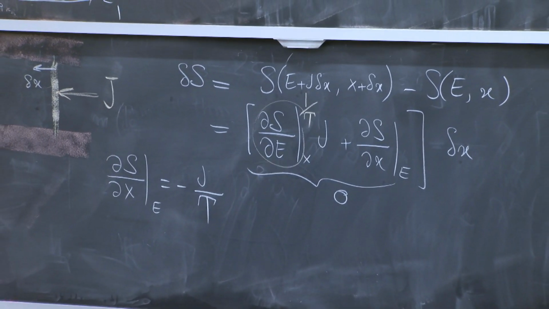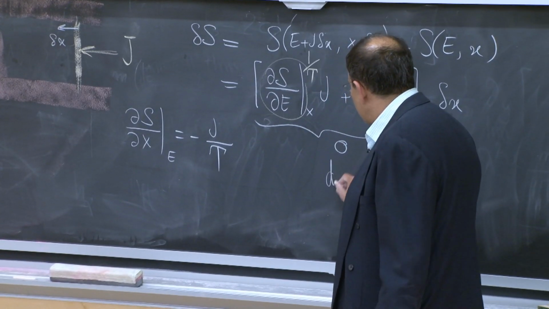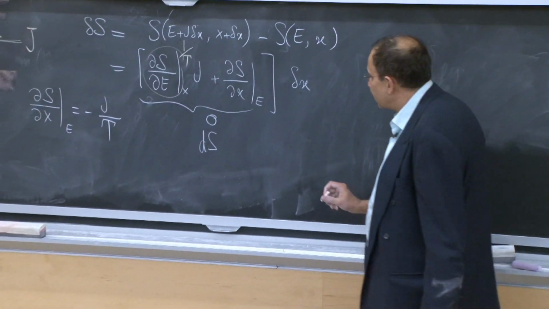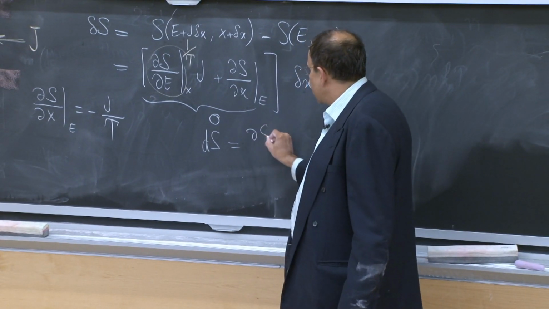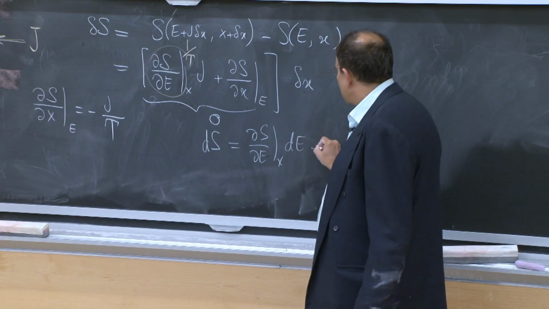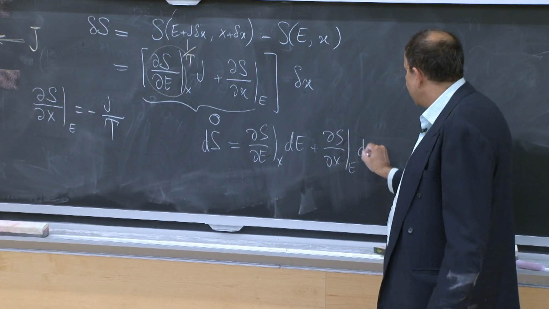Okay? Currently I have only these two variables, and quite generically I can say that dS = (∂S/∂E) at constant x dE + (∂S/∂x) at constant E dx.